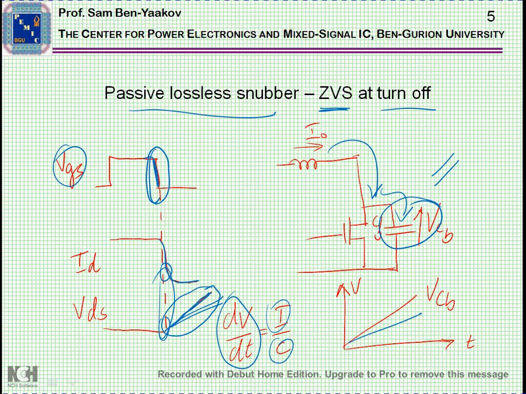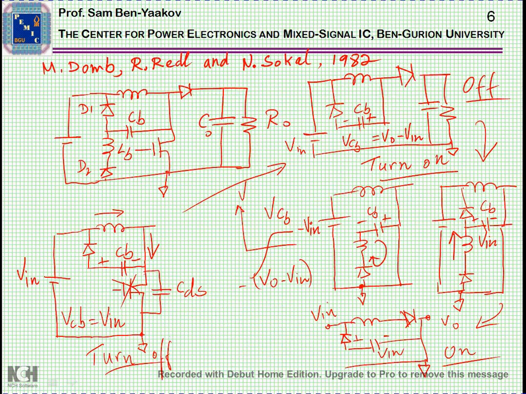However, this circuit is kind of dangerous because, well, it's fine when we turn off the transistor, but when we turn it on again, this whole energy will be dumped into the transistor. So this is not a practical solution. This is just a concept. What we'll have to do is during the turn on, to separate this circuit and in some way discharge the capacitor through another path.